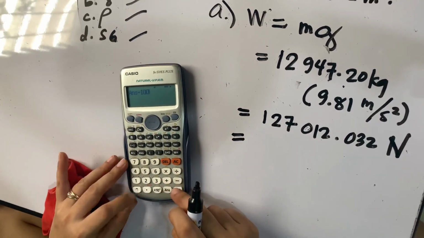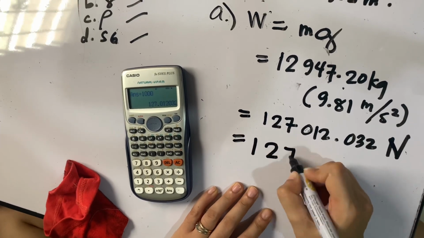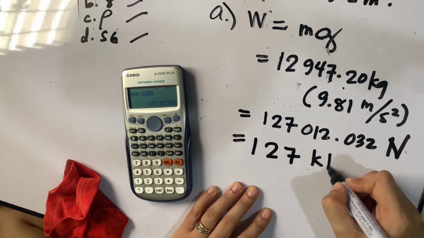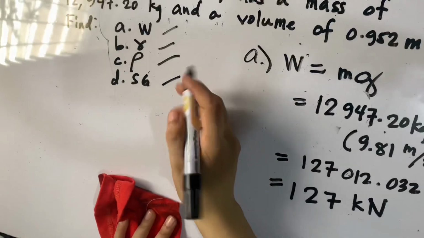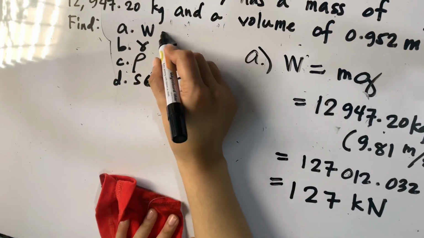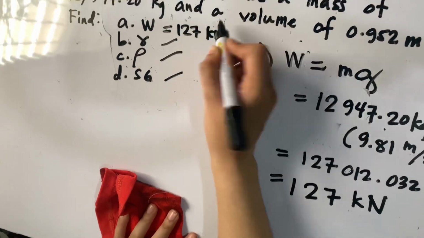Divided by 1,000, that would give us 127 kilonewton. So A, the weight, is equal to 127 kilonewton.